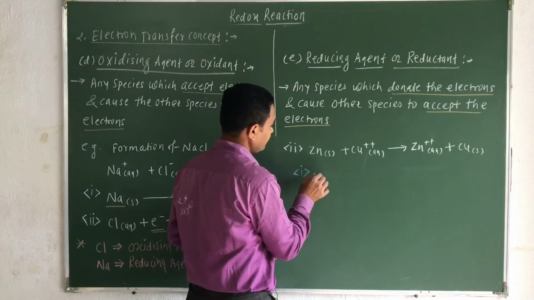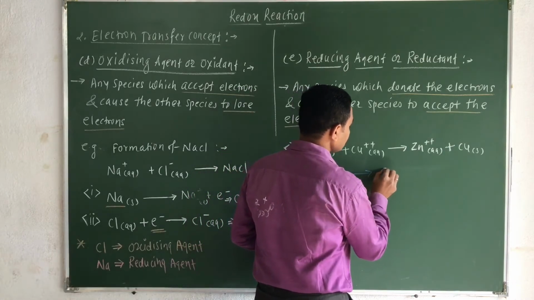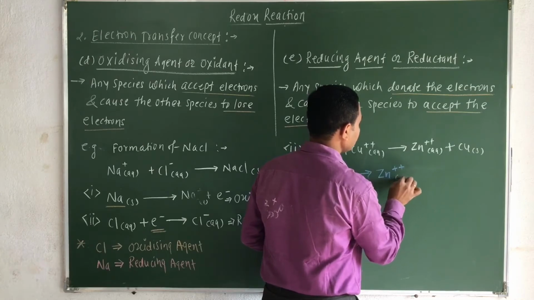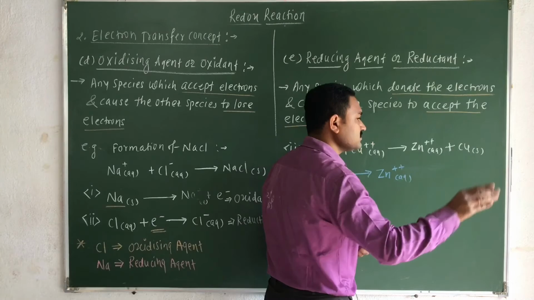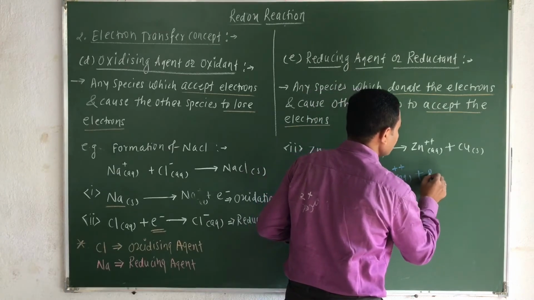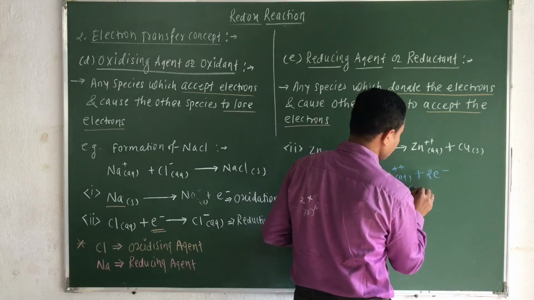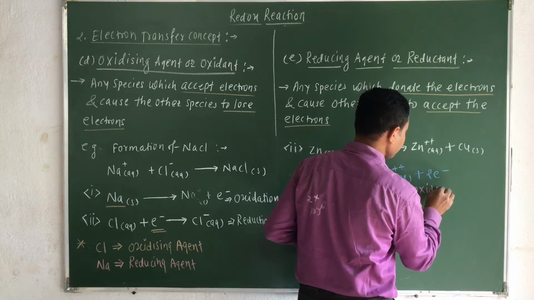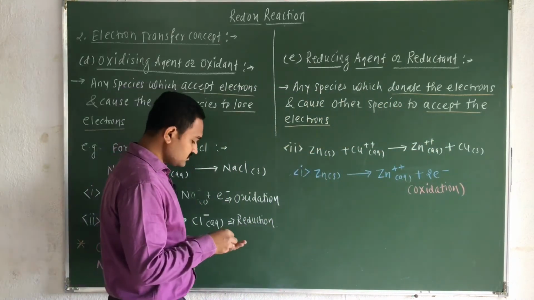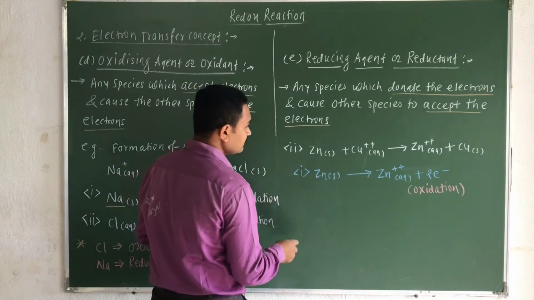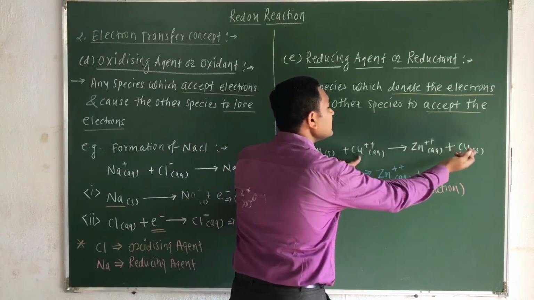Zinc in solid is converted to zinc plus 2 ion aqueous. So obviously there is a positive charge, and the positive charge is gained by the loss of electrons. So loss of electron is nothing but the oxidation process. Again, in the second part of this reaction, copper plus 2 ion is converted to copper.